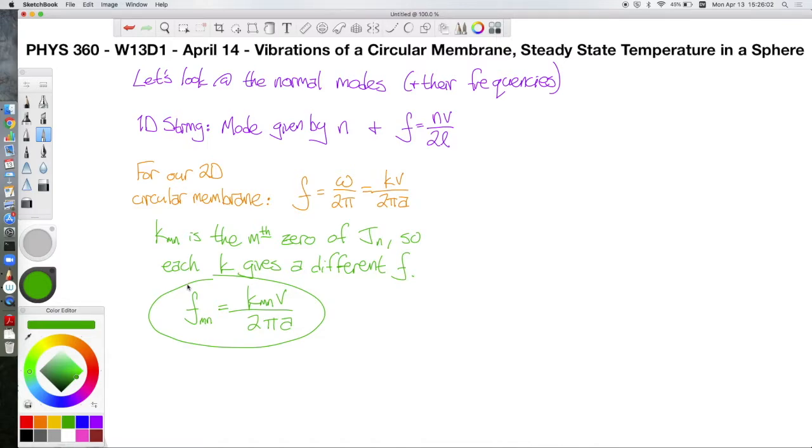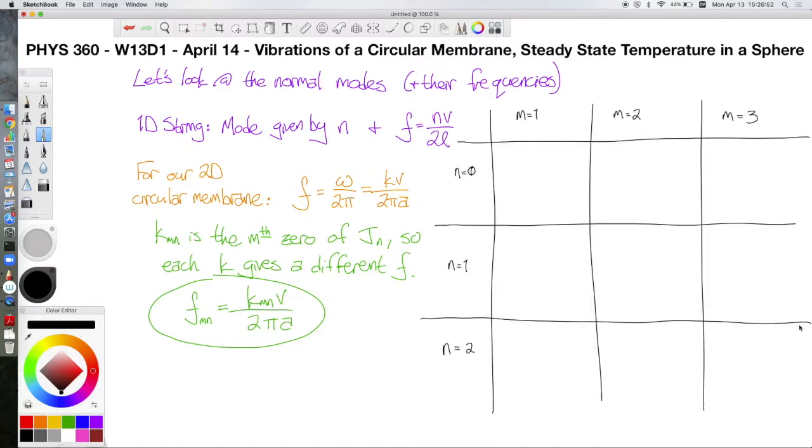So now what we want to do a little bit is to start to think about what do these different vibrational modes look like. So we could have various different values of m and various different values of n here. So let's kind of make a table up here. And let's remind ourselves of the form of our values for z down here in the lower left corner.